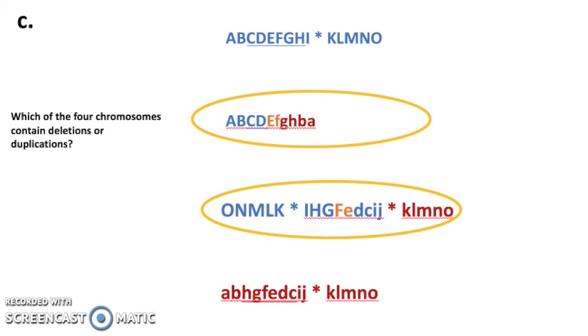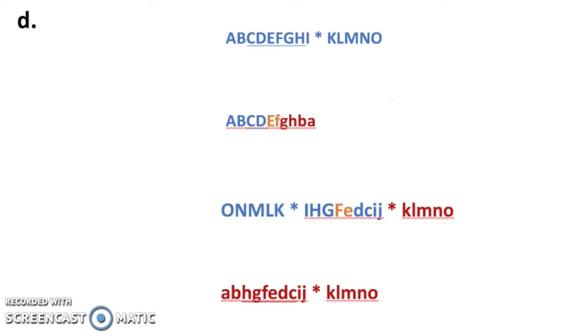Okay, and finally moving to D. Which of the 4 chromosomes are acentric or dicentric? So centric is referring to these little asterisks, or on your paper, the bullet points, which are representing the centromere. So if it's acentric, the a typically means non, or it doesn't have it.